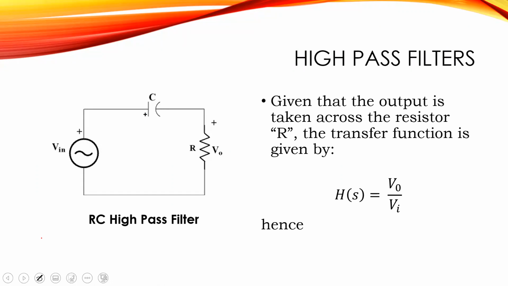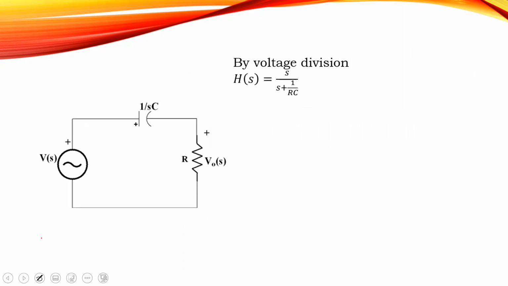And if we apply voltage divider, H of S would be equal to S over S plus 1 over RC, which implies that H of j omega is j omega over j omega plus 1 over RC.